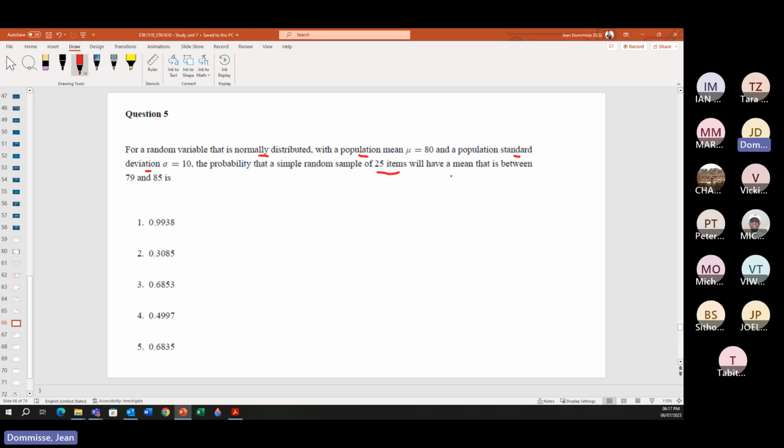They want us to find a sample mean that is between 79 and 85. We will work it out with two z values, but they're actually asking us to work out the probability that it is between 79 and 85.